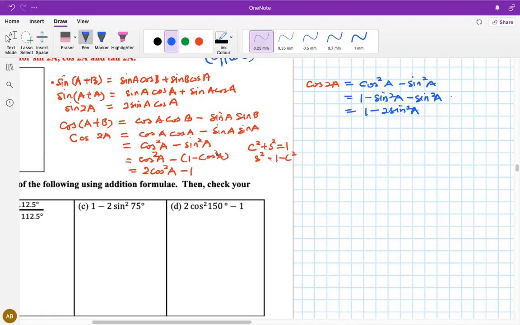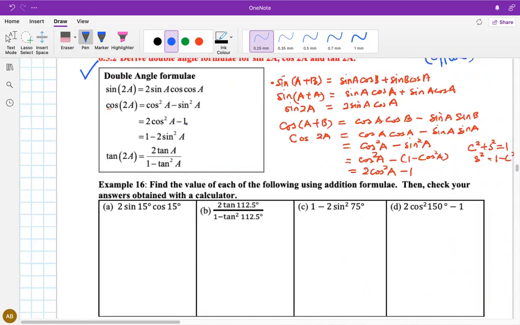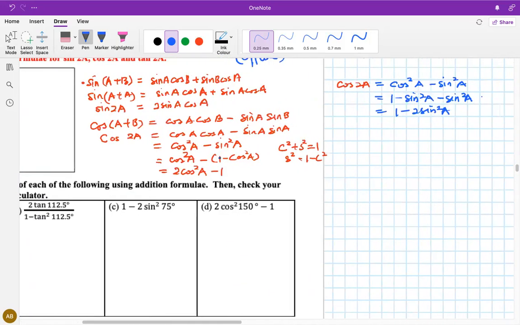For cos 2A, there are 3 formulas. So 1, 2, 3.